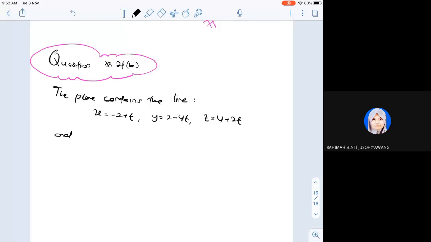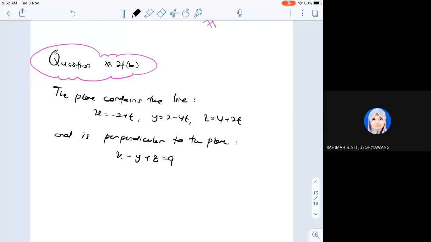And the plane is perpendicular to the plane x minus y plus z equals to 9. This is interesting.